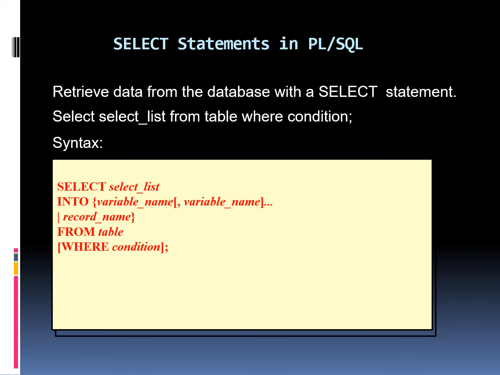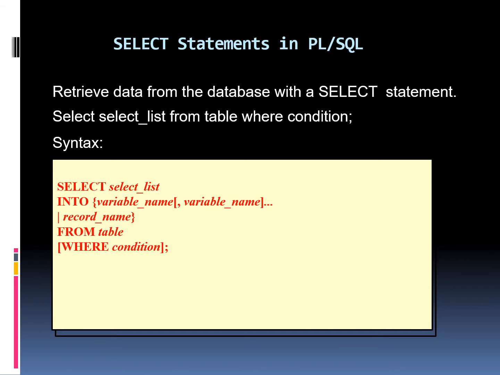So, using the select statement in a PL SQL program. Earlier we used this statement in SQL: select list from table name where condition. Now we will see there is a slight modification in the select query. We have used the keyword INTO here. So the syntax is: select list into variable name from table name where condition.